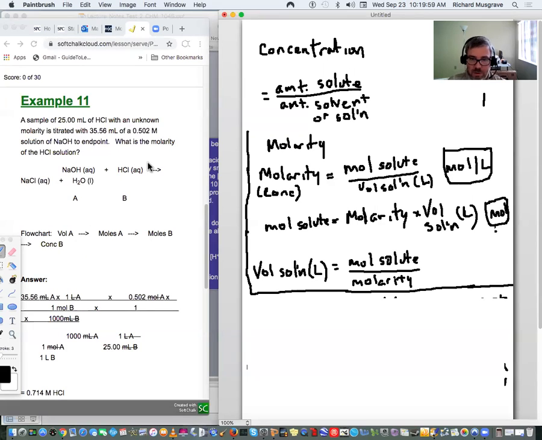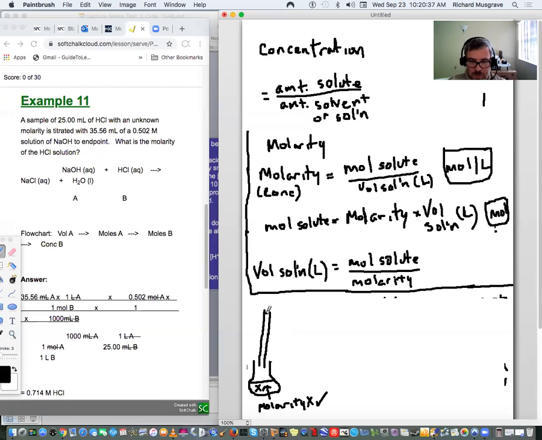Now think about what a titration looks like. You'll have something in a burette and then something in a flask. And generally speaking, you'll know the molarity of what's in the flask. So the molarity of, and I'll put X in here, molarity of X, you'll have an idea of that.